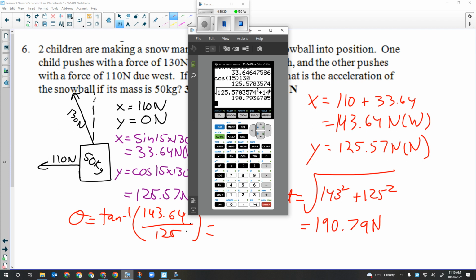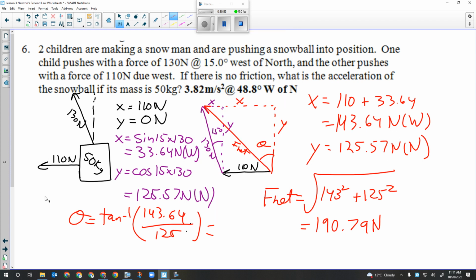That gives me 48.8 degrees, and that will be west of north, the way I drew it. 48.8 degrees west of north.